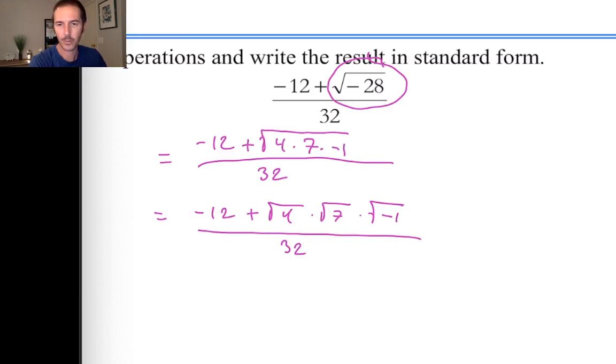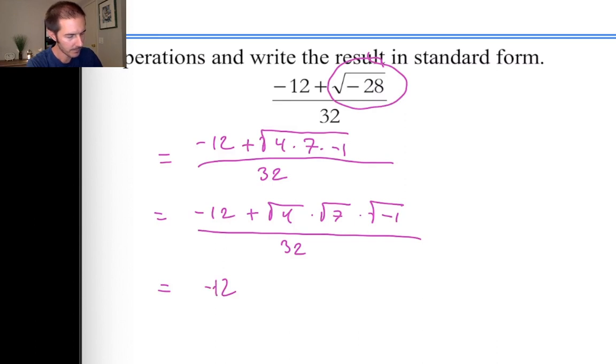If that said the square root of 2, I'd have to leave it there. And if this said the square root of 14, I'd have to leave it there. Well, I have to leave the square root of 7 there anyway. But at least the 4, I can square root and turn it into a 2. And this square root of negative 1 down here, that's obviously going to turn into an i. So let's see where this goes.